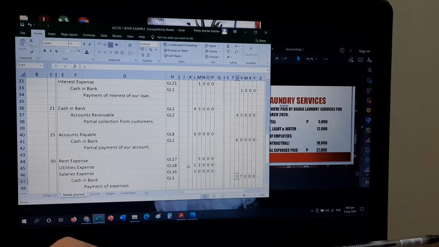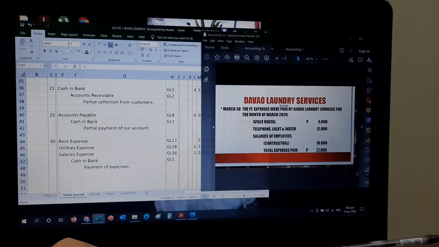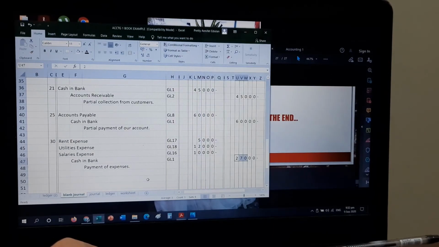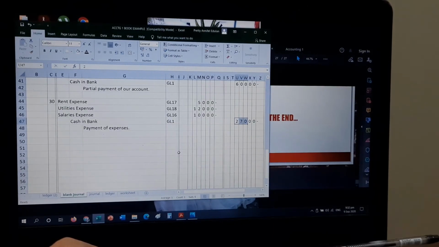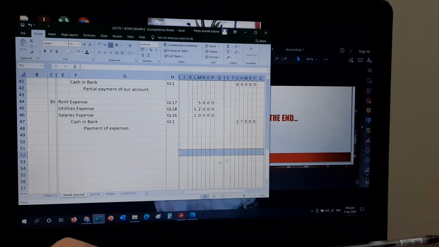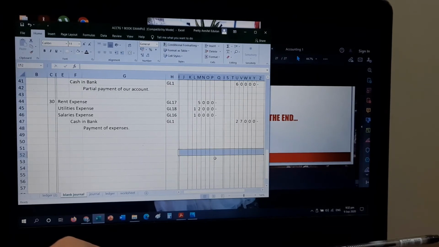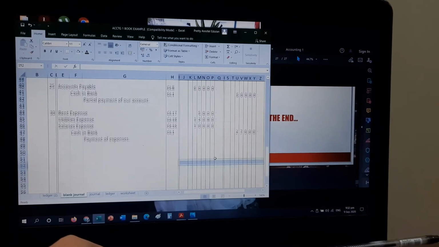It cannot be that this is 27,000 and then you write here 20,000. There's something wrong. Also, in the journal, since this is the last transaction, you don't have to get the total here. This is the general journal. This is not the trial balance. This is not a ledger wherein you have to get the final balance for each account.